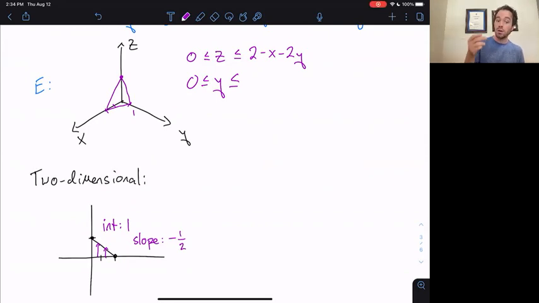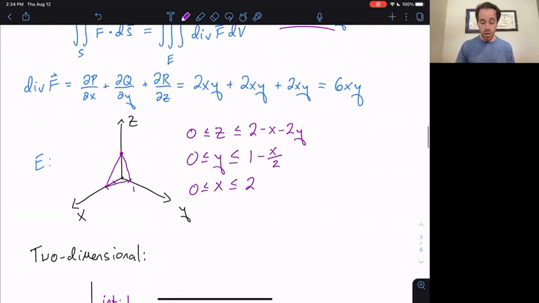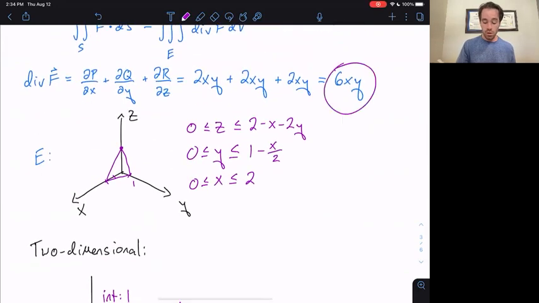It has a rise of -1 associated with a run of 2. So this will be 1 minus x over 2. Now that the z and the y have both been flattened, x is a simple interval of numbers, and x will go from 0 up until 2. Here I'm looking at this interval right here. So what I'm doing is integrating this function.